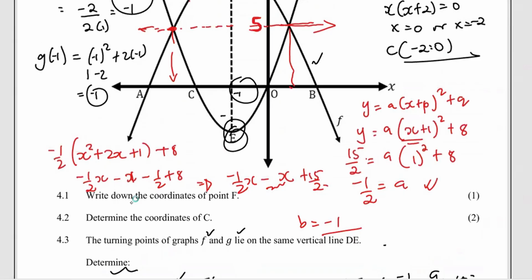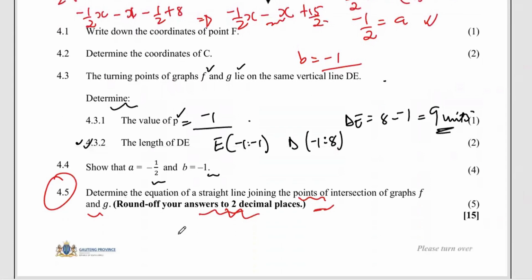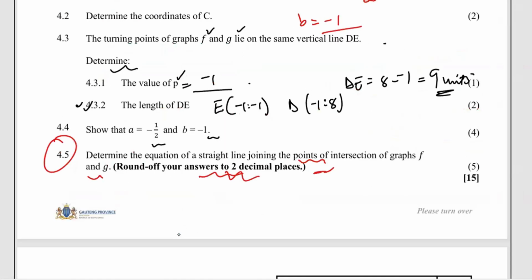The line passing through here must be parallel to the x-axis. The question asks for the equation of the straight line joining the points of intersection, so y is going to be 5, because the gradient is 0. That is what the question wanted.